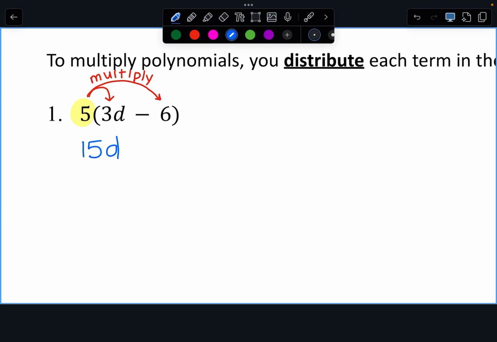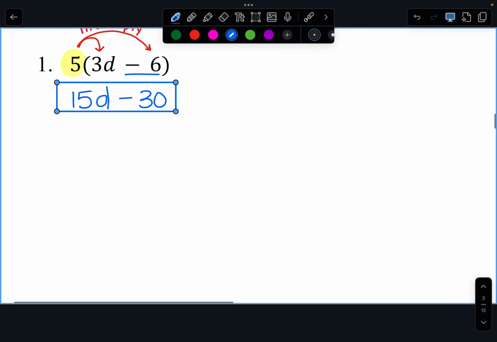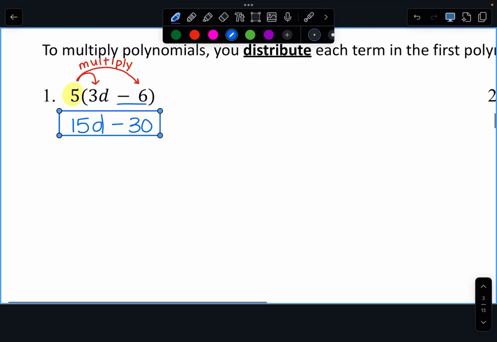So 15D is that first term now, and then 5 times a negative 6 is negative 30. And this is our final answer. We can't do anything else with that because they're not like terms, so we can't combine anything.